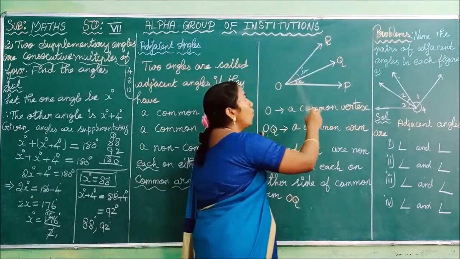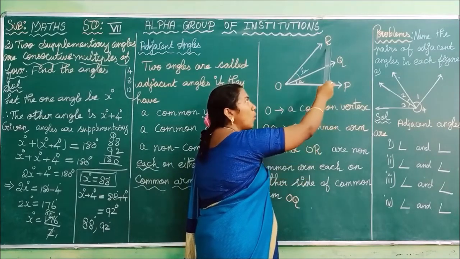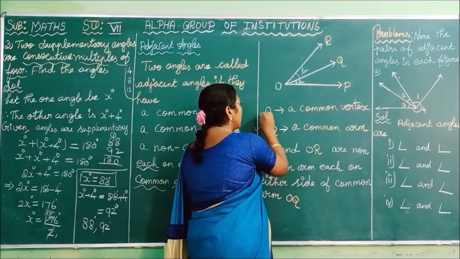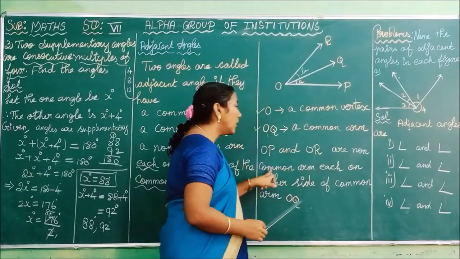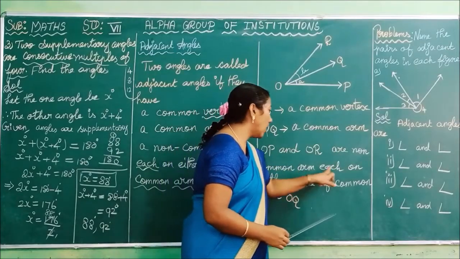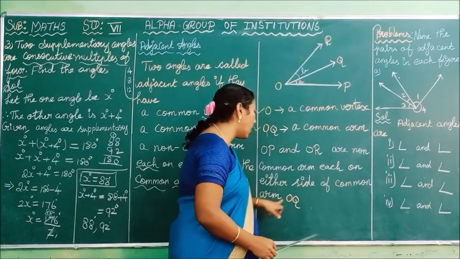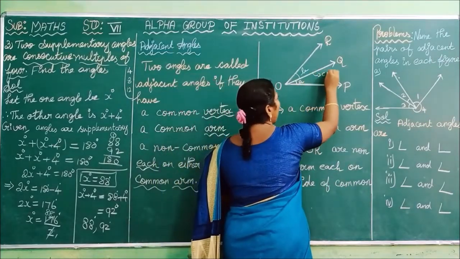See here. OQ is the common arm of OP and OR. So the second condition is also satisfied. See, OP and OR are non-common arms each on either side of the common arm OQ. Which is the common arm here? This is the common arm.